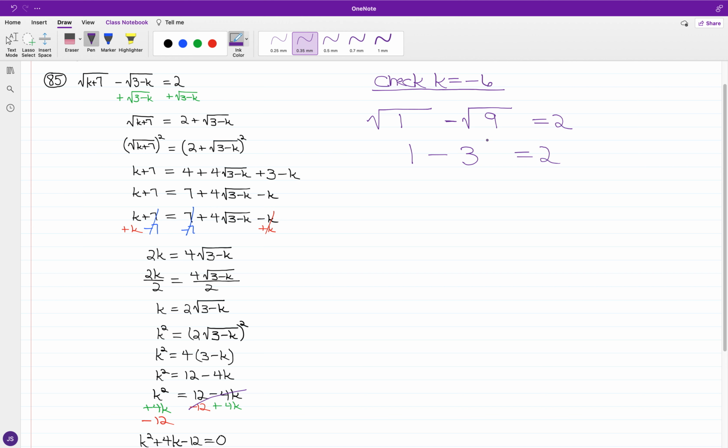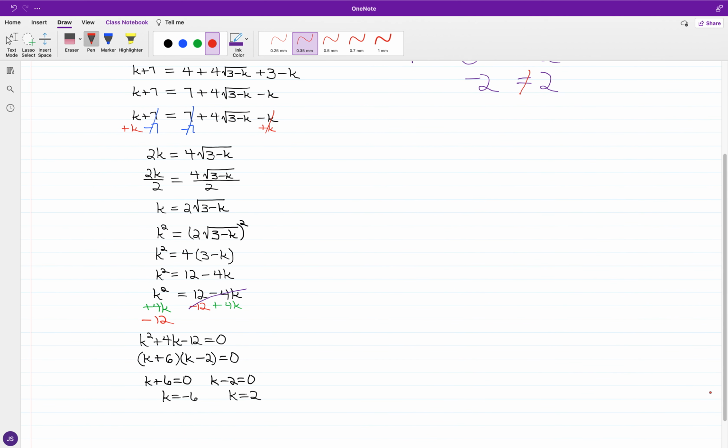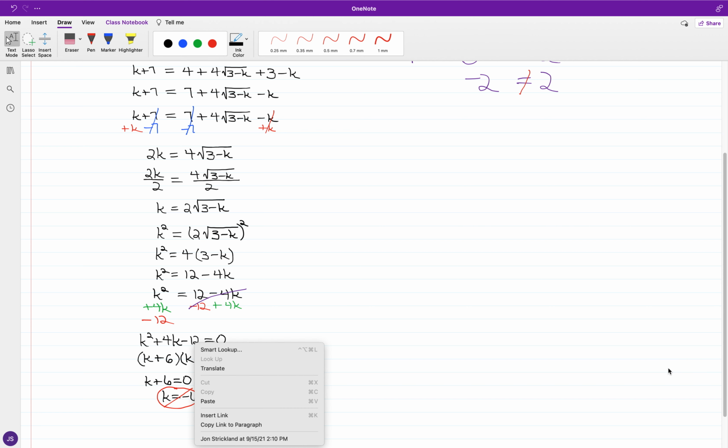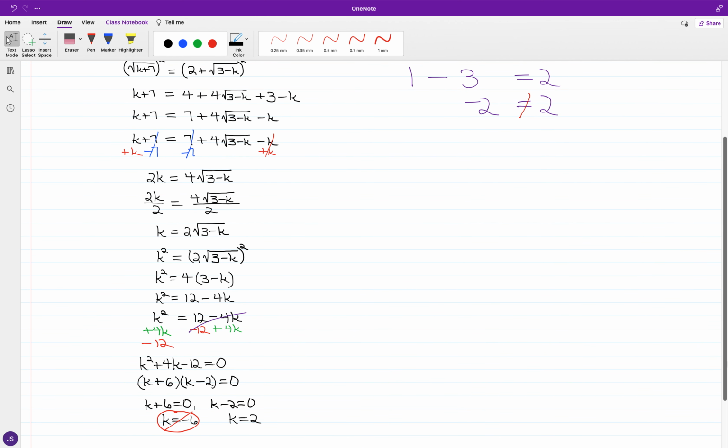For the left side, we have 1 minus 3, which will be negative 2, and to the right is 2. Negative 2 and 2 do not equal each other, and so negative 6 does not qualify as a solution. Negative 6 is out of the running.